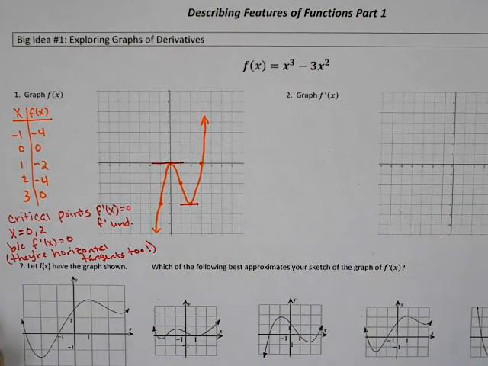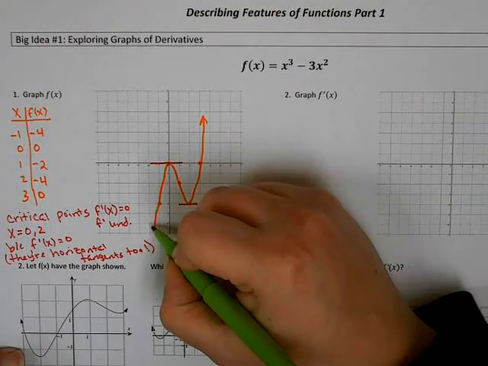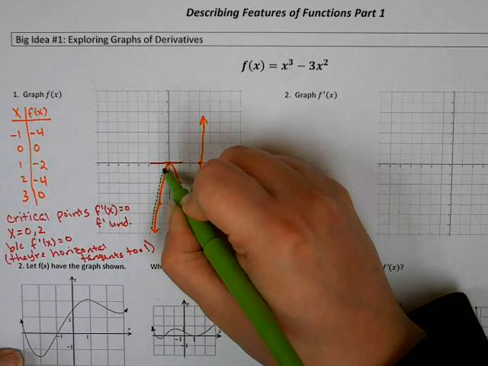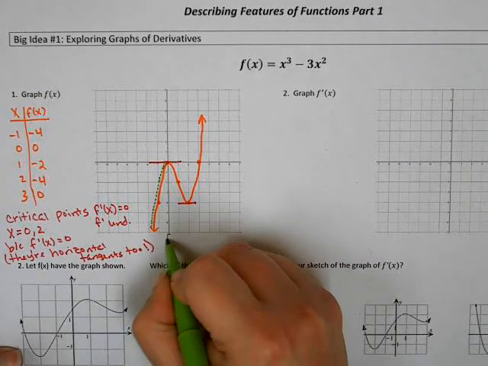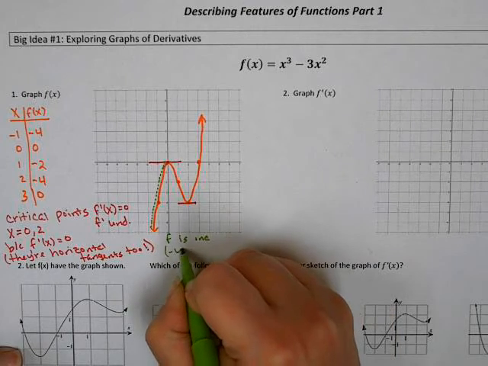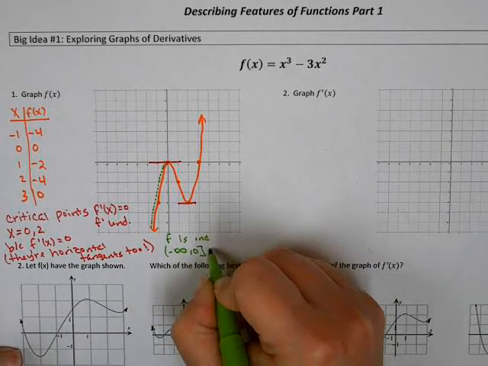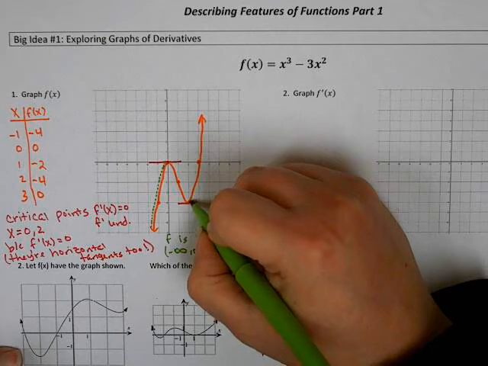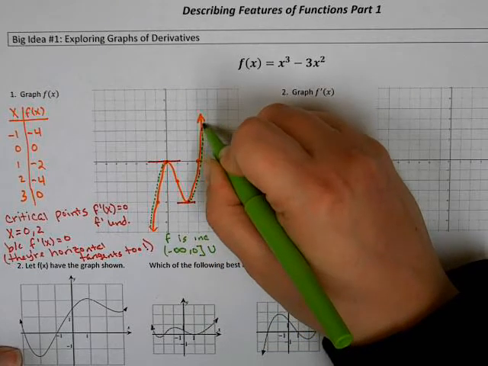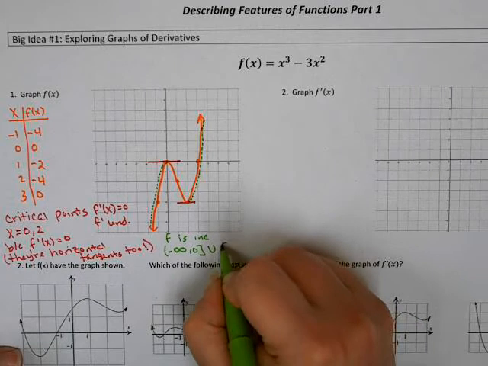Now I can also look at where my function is increasing and decreasing. So if I look, I'm not going to draw on it, but anything from -infinity to 0 is increasing. And it's also increasing from 2 to infinity.